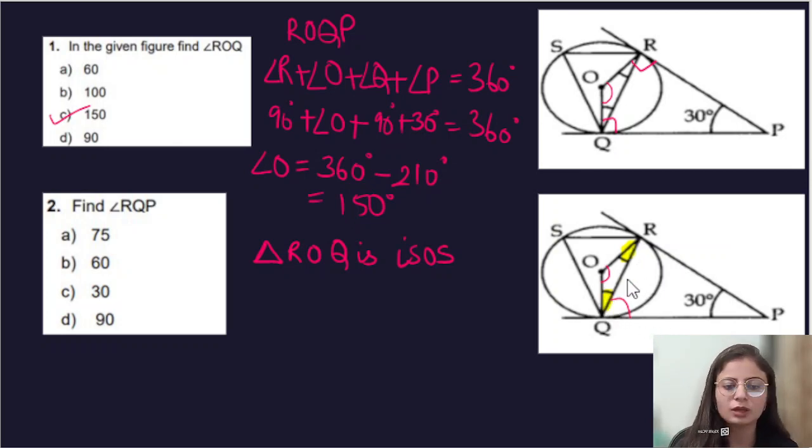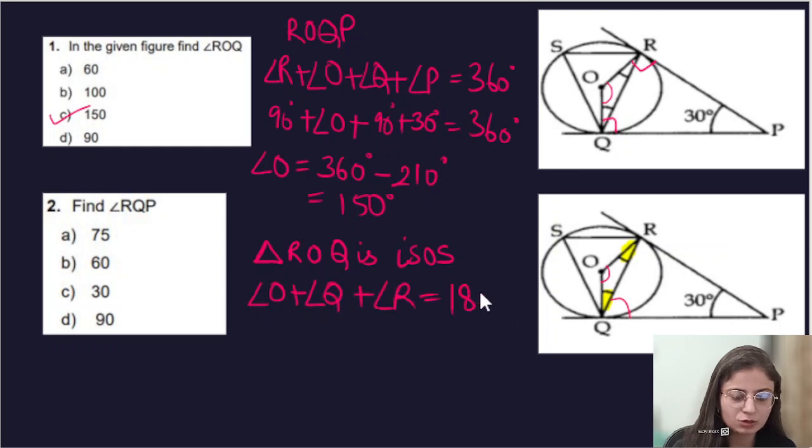So let's use the angle sum property of a triangle. So this angle O is 150 plus angle Q plus angle R equals 180, right? So angle O we already know this is 150, and since both these angles are equal, angle Q equals angle R, right?